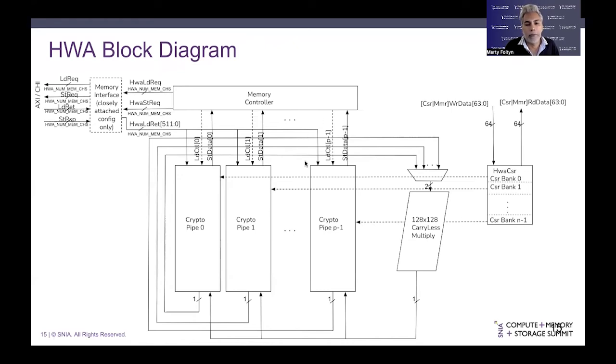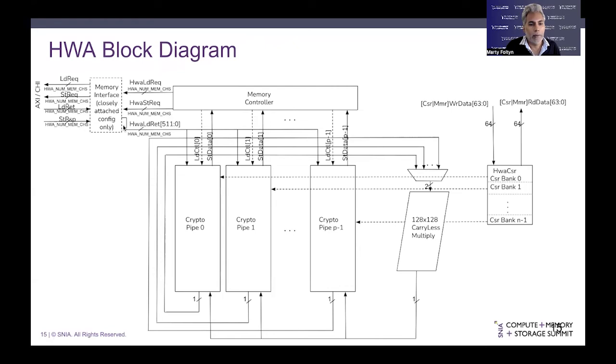There's a shared memory controller where all the pipes provide load requests and get load returns, or can send store requests. The memory controller interfaces directly with the memory subsystem. There's a parameter, HWA num channels, which allows you to configure the number of memory channels.